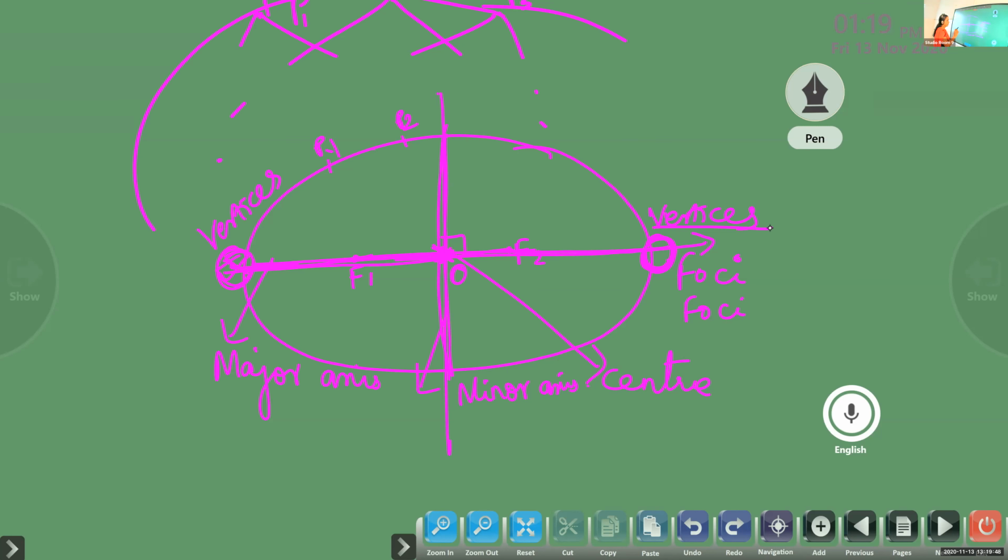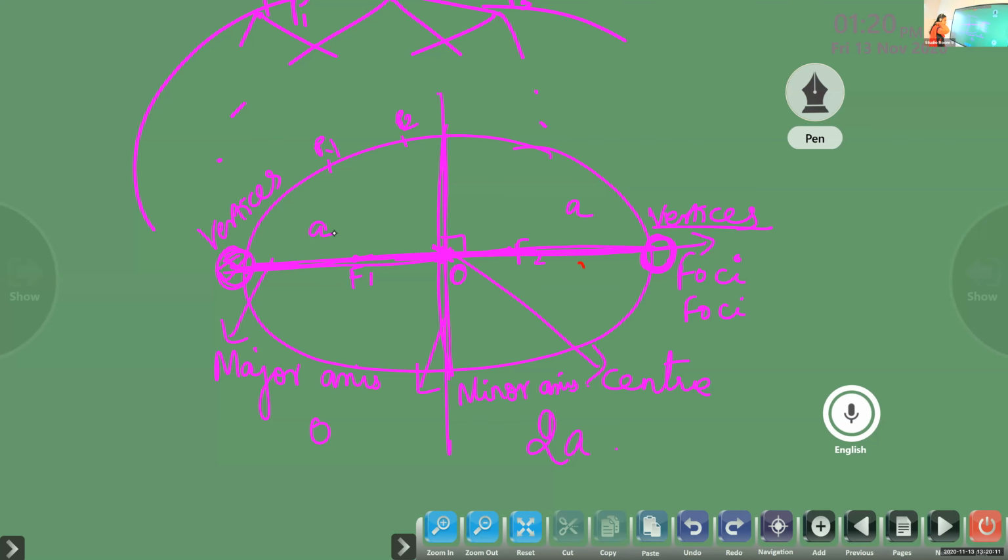We denote the length of the major axis as 2a. If you take one part, it will be a. This side also it is a, because O is the midpoint.